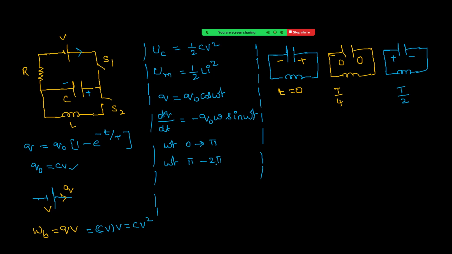Next, if I'm taking pi to 2 pi, let me draw here one second circuit. Cross check once. If I'm taking the next 1/4, that means 3T by 4, that means omega t value is 3 pi by 2, right? 3 pi by 2 means what is the value of cos omega t?